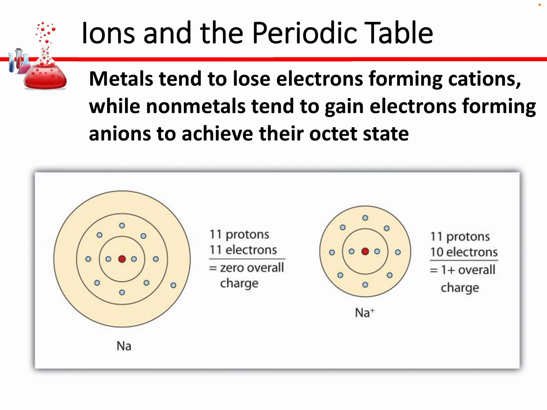So if we're going to write this one, how do we write it? Al2, S3. Very good. So we need to put the number of atoms as our subscript.